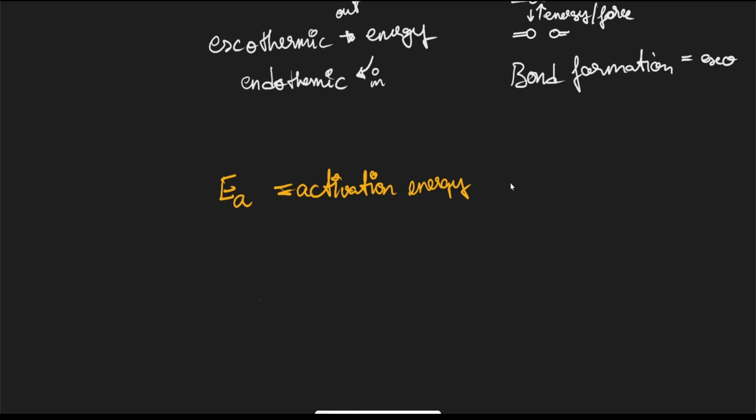It's the amount of energy that any two colliding particles must have to react, because once particles collide, they also need to have some energy left over to actually form a bond. Otherwise, they'll just collide.